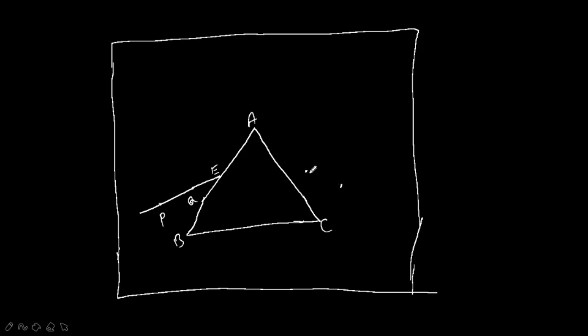Clear? The third and fourth pins are here, and I will mark them as R and S. Then join R and S together by drawing one more line. This is S, this is R, and where the line joins the face AC, I will mark it as F. Then join E and F together.